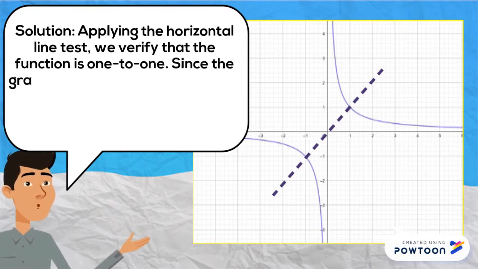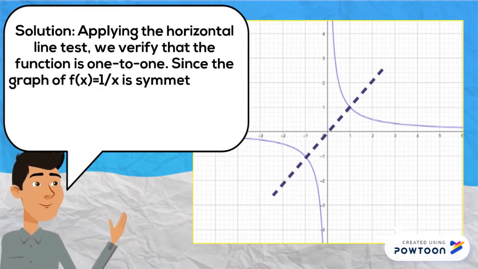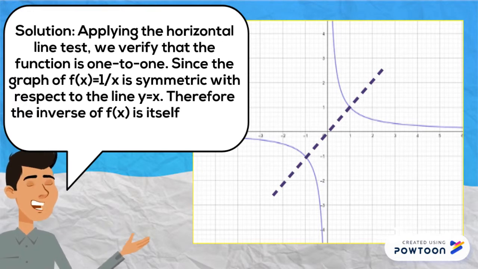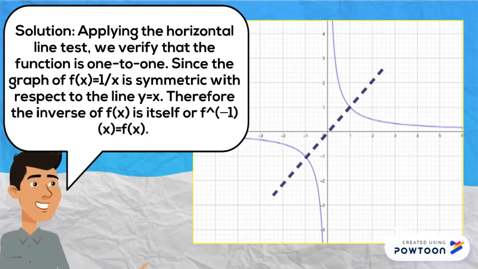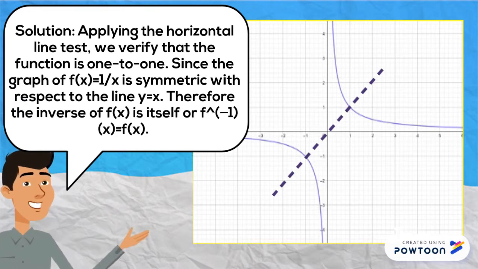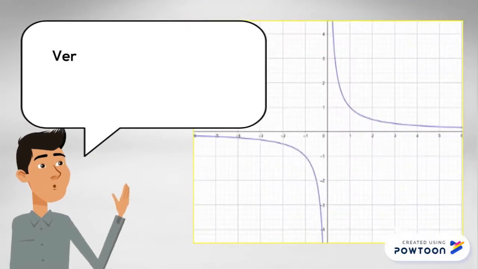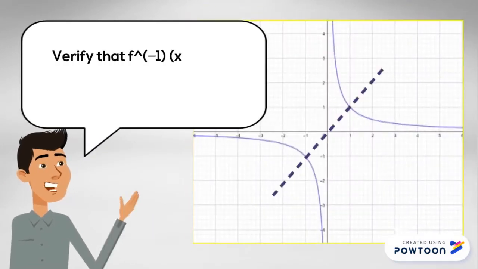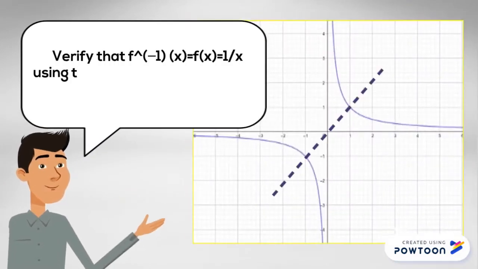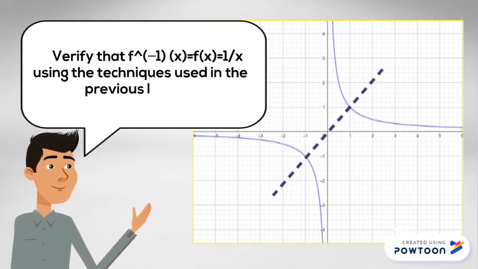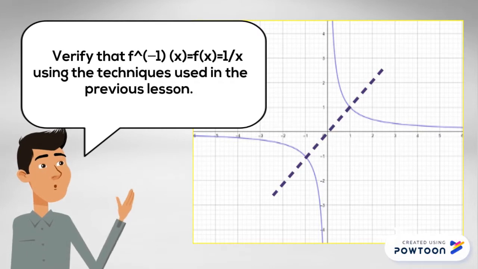Since the graph of f of x = 1 over x is symmetric with respect to the line y = x, therefore the inverse of f of x is itself, or f of x = f inverse of x. We need to verify that the inverse of f of x is equal to 1 over x using the techniques used in the previous lesson.